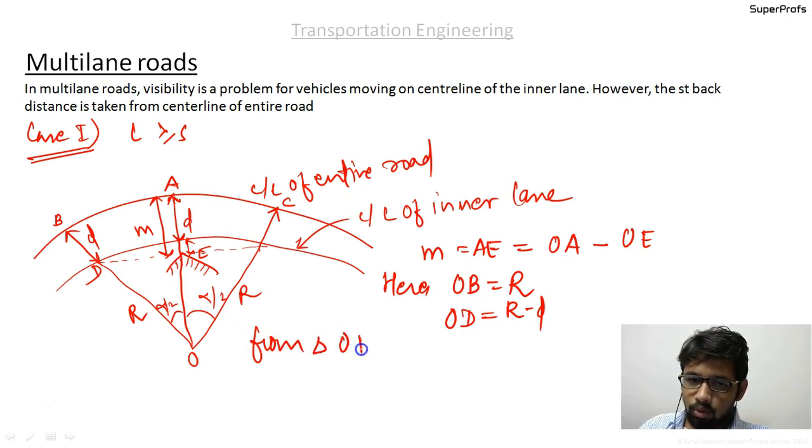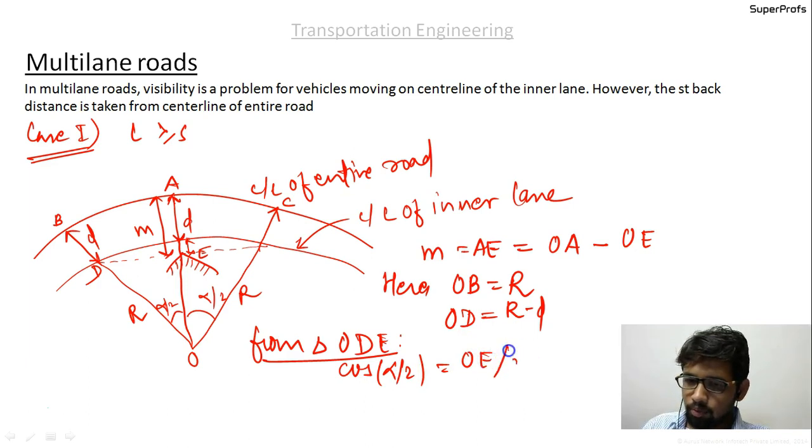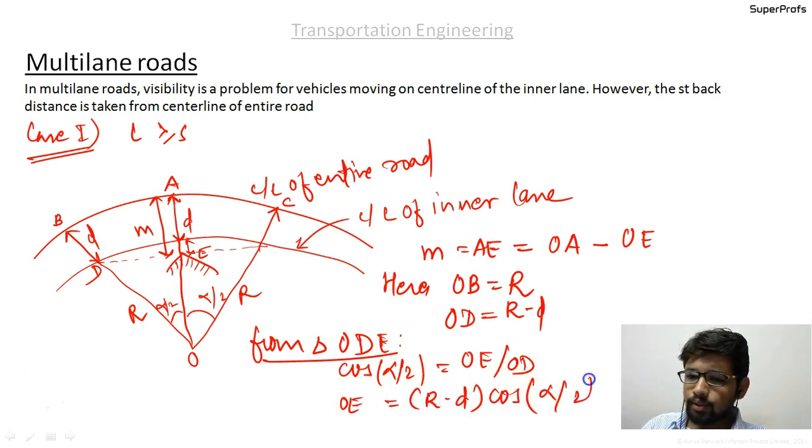From triangle ODE, again the same thing, cos of alpha by 2 equals OE upon OD, so OE will be equal to (R minus d) cos of alpha by 2. I hope you understood how we got OE. What is required is M, and M is equal to OA minus OE.